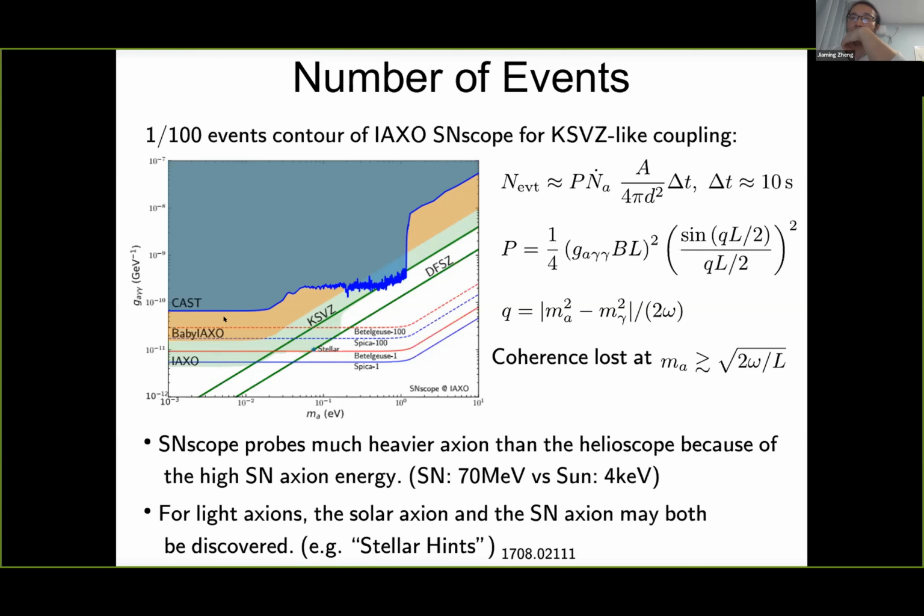If the axion parameter happens to lie in this range, such as in the case inferred by the stellar hints, which are the parameters inferred by various stellar cooling anomalies, such as those from the white dwarf, as mentioned by Masaki, then it is likely that both the solar axion and the supernova axion would be detected, and the supernova axion scope becomes a tool to study the interior of the supernova.